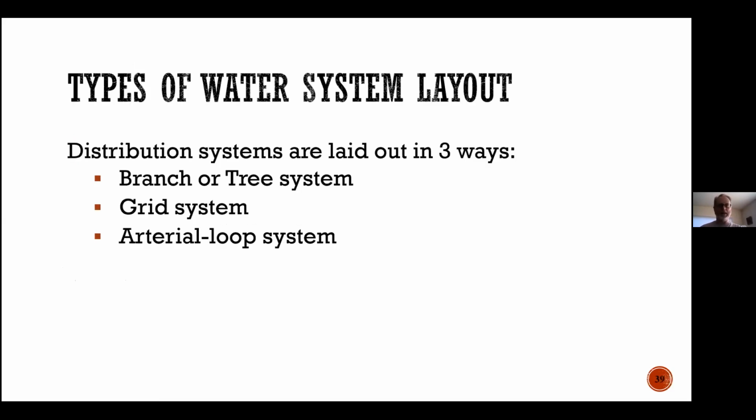We'll talk a little bit, yeah, we're okay for time, about branch systems. So there may be a couple of questions on the distribution exam, the difference between a branch or a tree versus a grid or an arterial loop. And remember, we're thinking about it not in terms of aesthetics, we're thinking about it in terms of hydraulics, adequate energy, preserving the energy in the system.